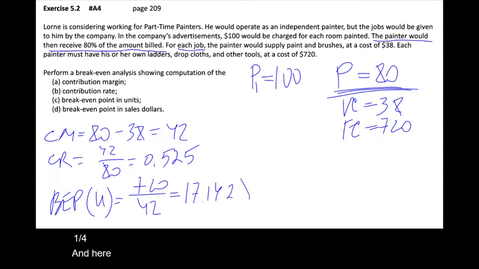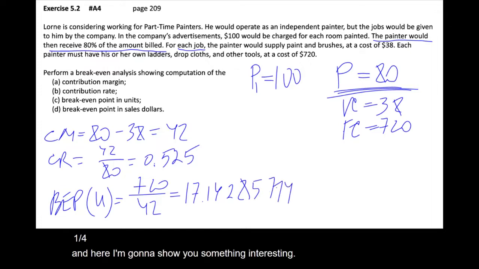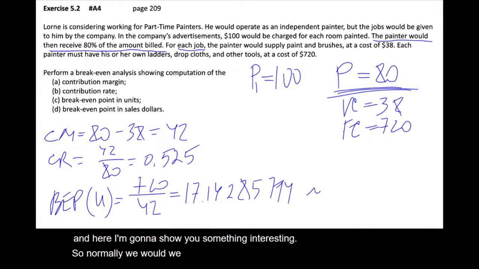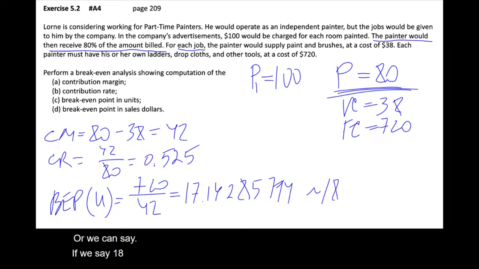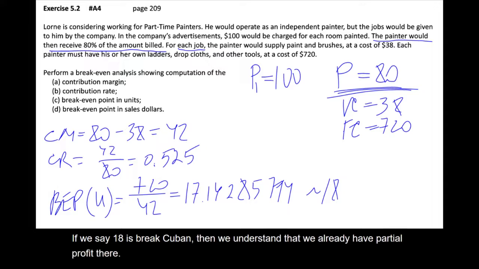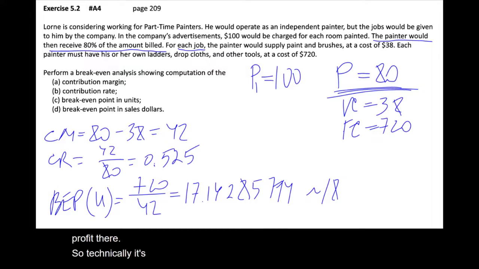And here I'm gonna show you something interesting. Normally we round up, right? If we say 18 is break-even, then we understand that we already have partial profit there. So technically it's 17 full rooms and one wall painted or something like that.